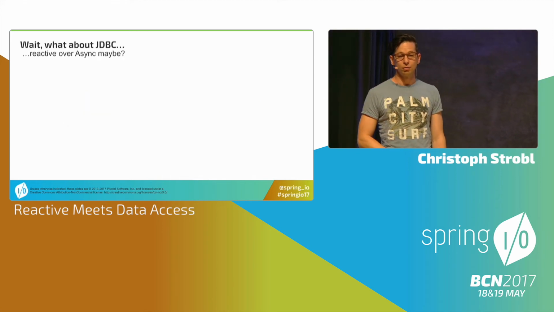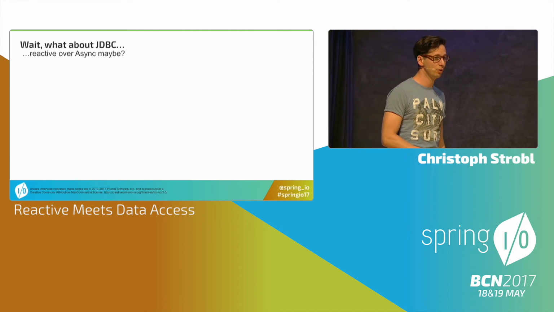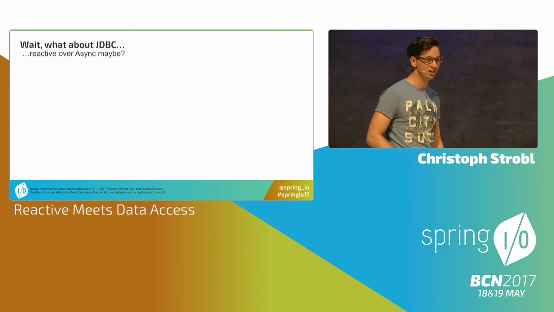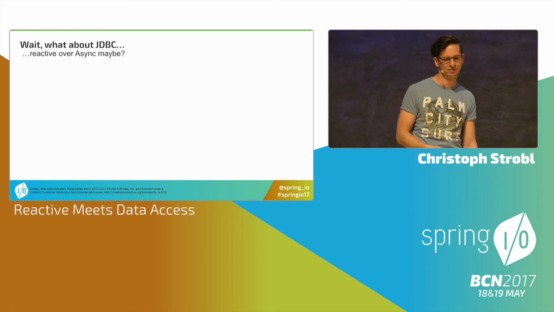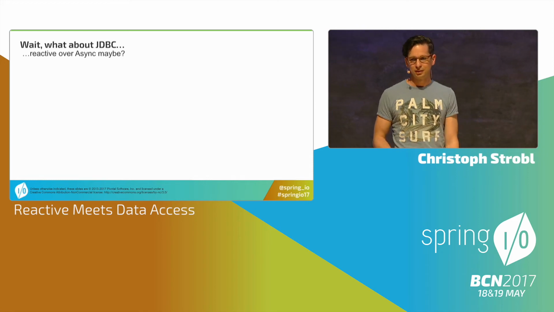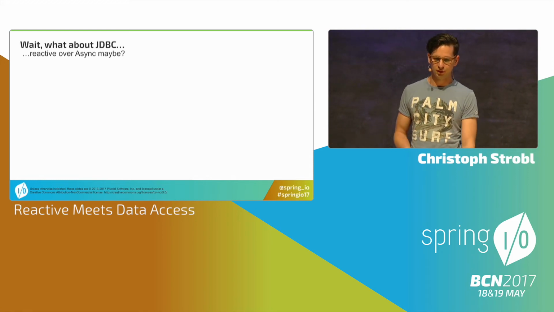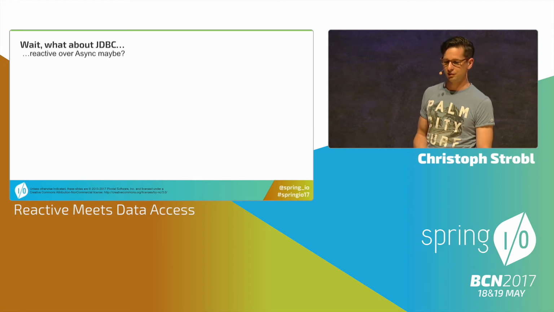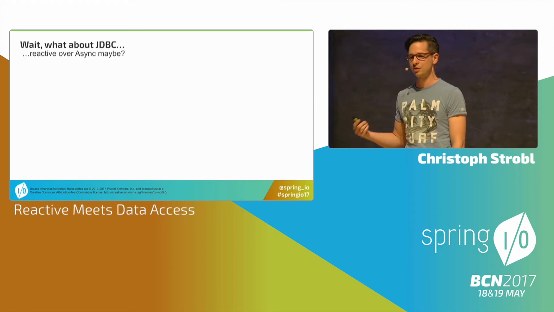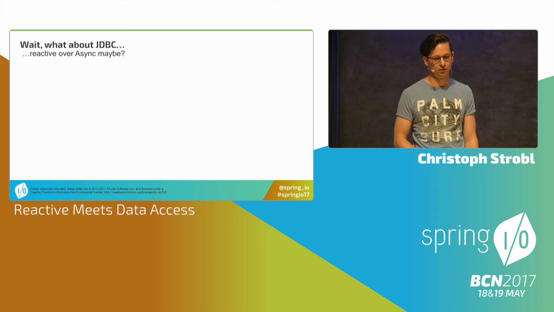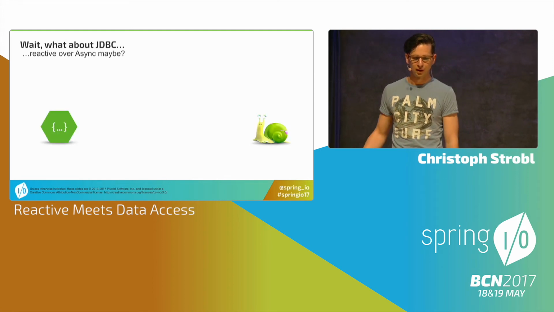One question that always comes up is, so what about JDBC and that stuff? And well, you probably heard when you attended Josh's talk this morning that it's not really a good idea, and that JDBC isn't really ready for that kind of programming.